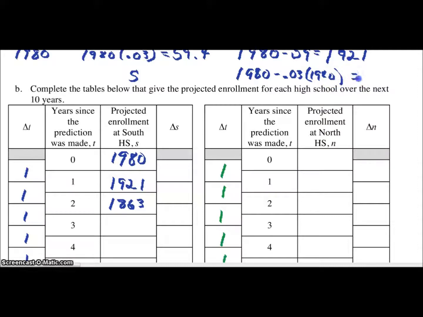That's the same as 0.97 times 1980, or 97% of our value. So we can just take the previous value and multiply by 0.97. You can check that that would work. If we take 1921 and multiply by 0.97, we get 1863. And I'm going to go ahead and fill out the rest of the table.